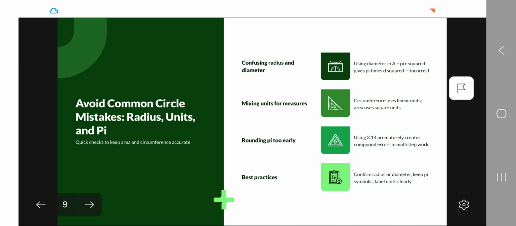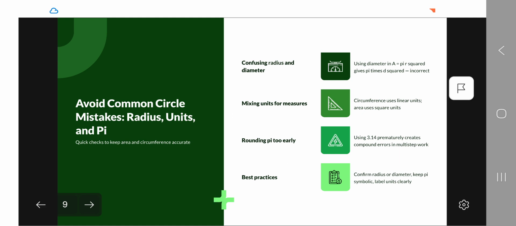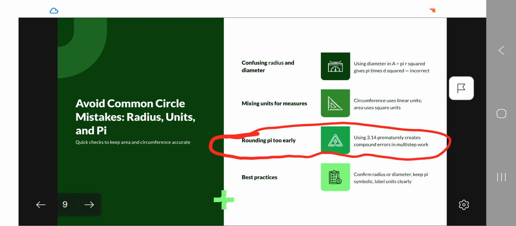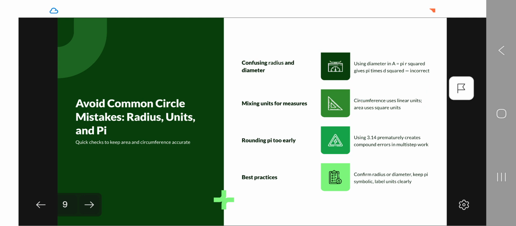That is how we should be doing it. Number 4. 4 is correct. 3 is wrong. 2 is wrong. 1 is wrong. 4 is correct.